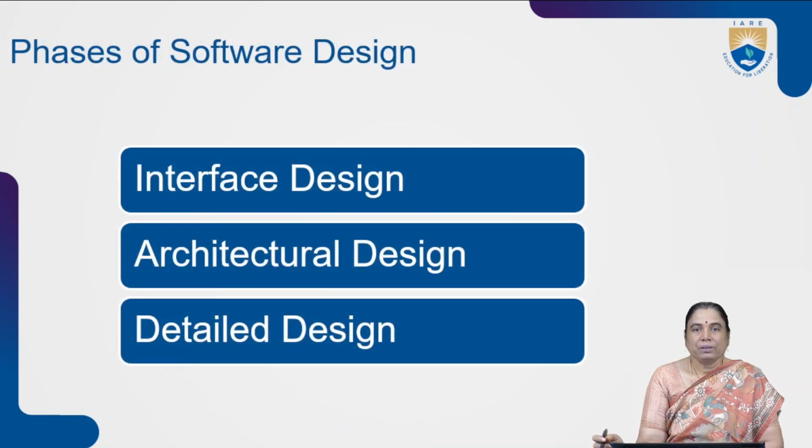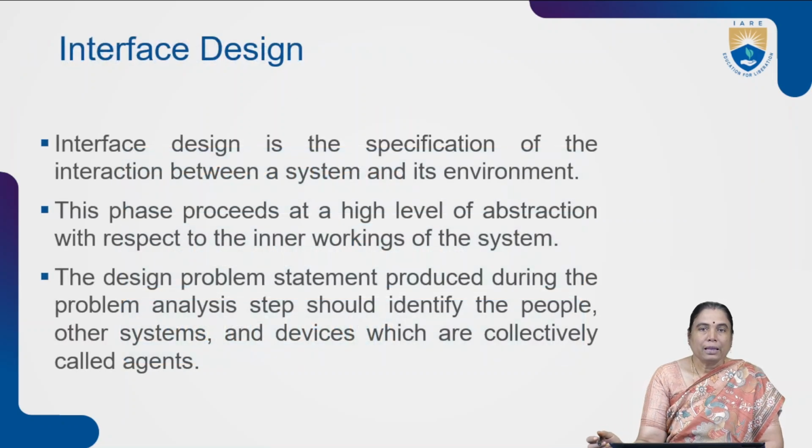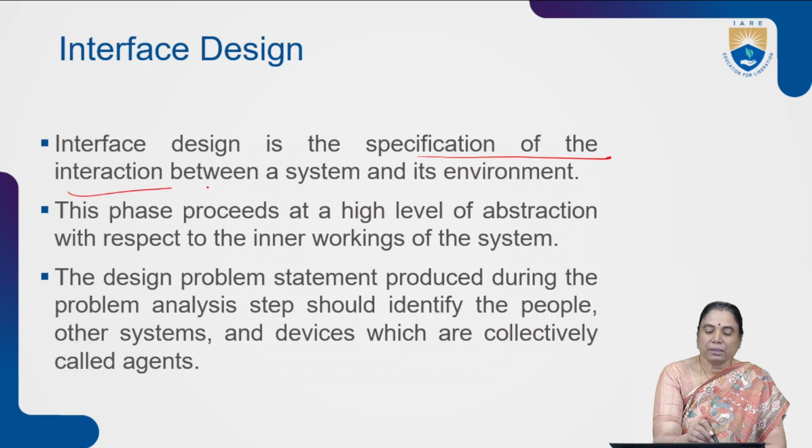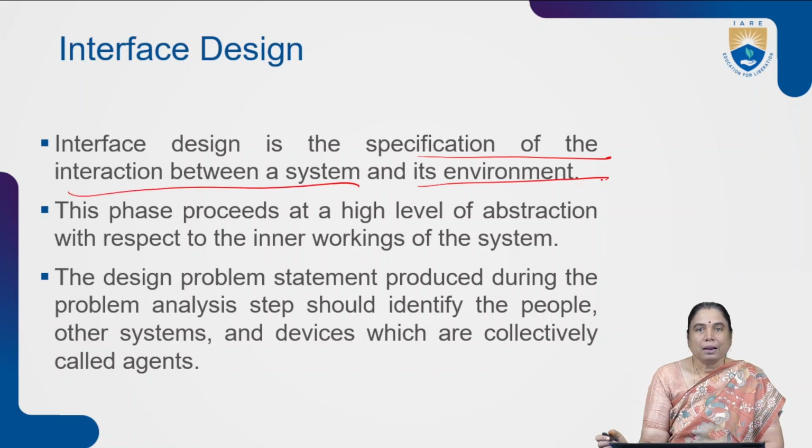Generally, three phases of software design are applicable: one is interface design, the second is architectural design, and the third is detailed design. In interface design, the specification of interaction between the system and its environment is considered, and this phase proceeds at a high level of abstraction.